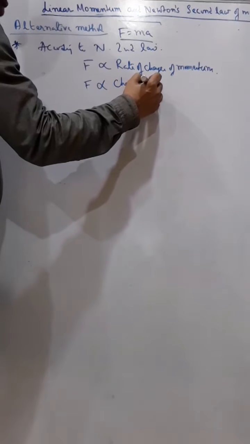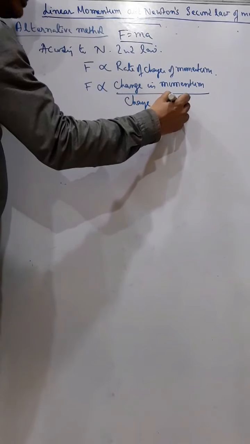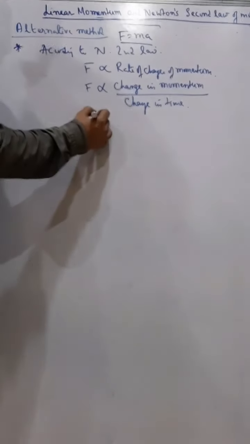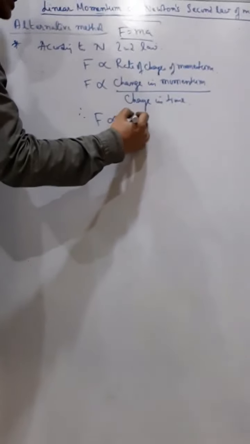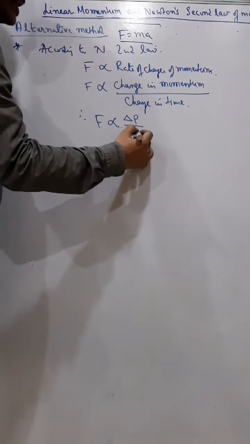It means change in momentum by change in time. So that is the rate of change of momentum, and therefore I can write change in momentum as delta p, and change in time as delta t.